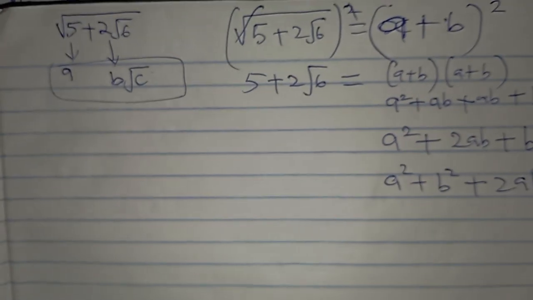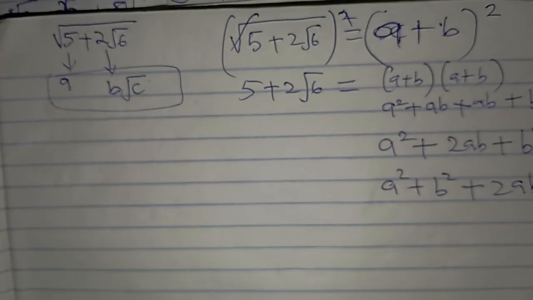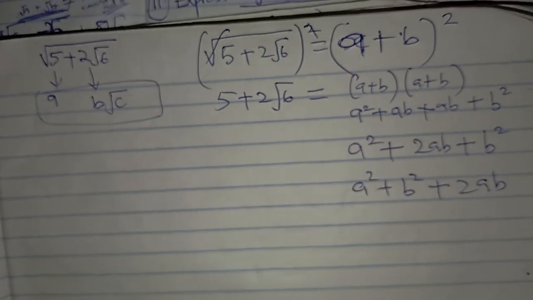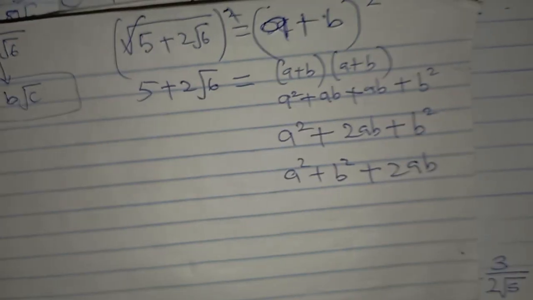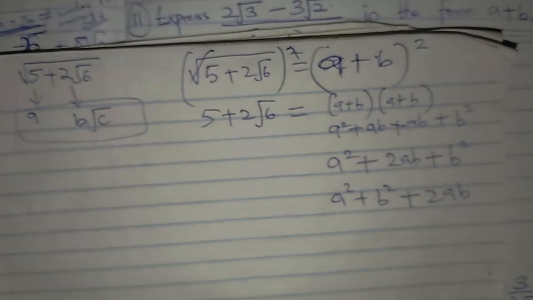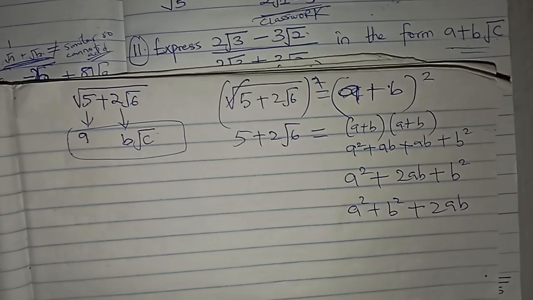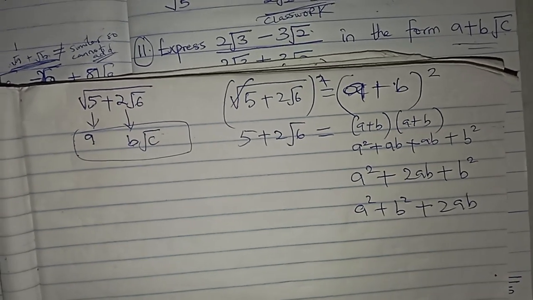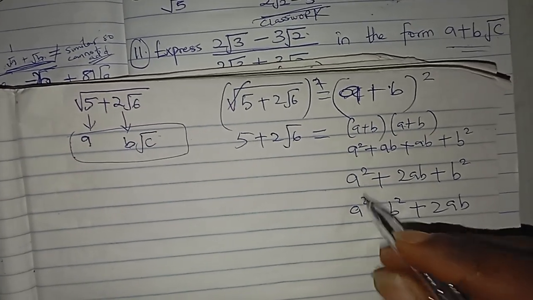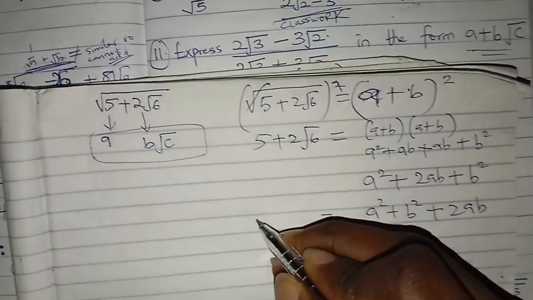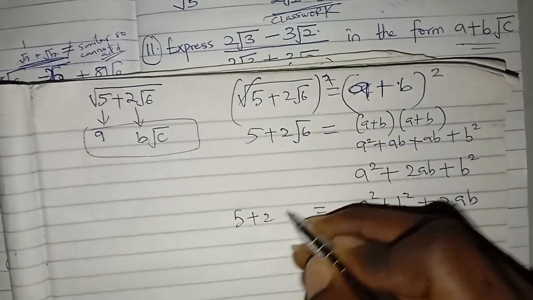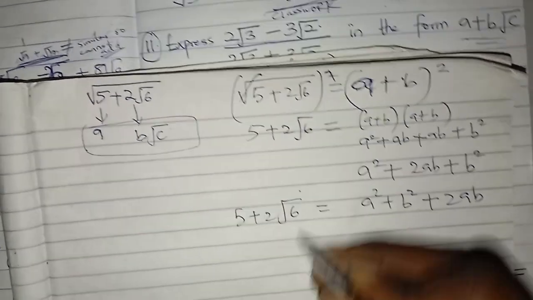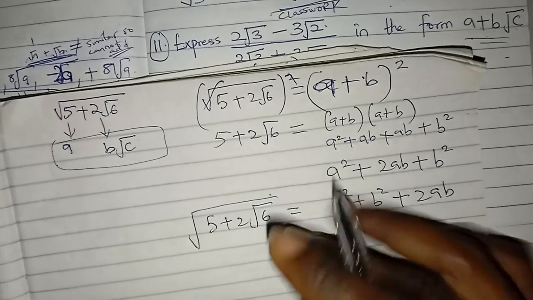So you can see that they look alike. The only difference is that the left hand side, which is 5 plus 2 root 6, that is what we started with, was carrying this.